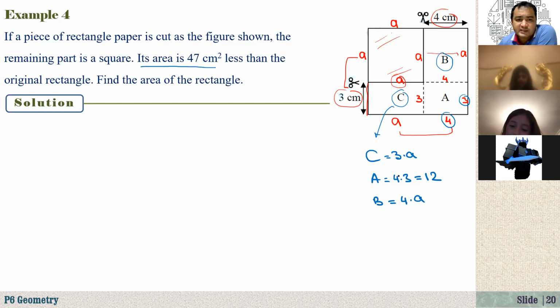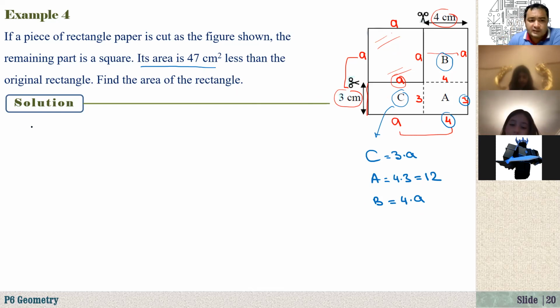Now, the question says its area is 47 centimeters squared less than the original rectangle. That means if you add 47 to the area of the square, we get the area of the rectangle, right? So actually, what is the difference?